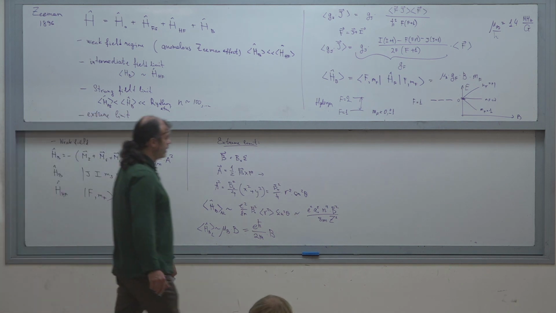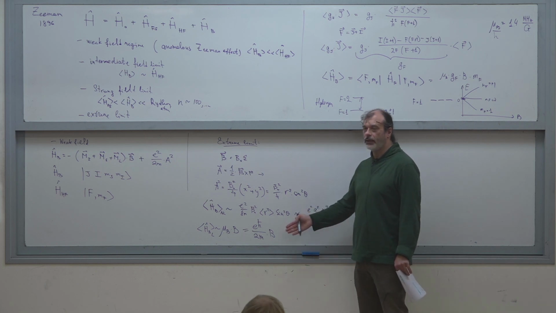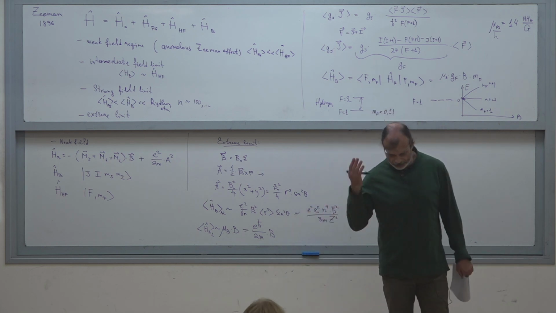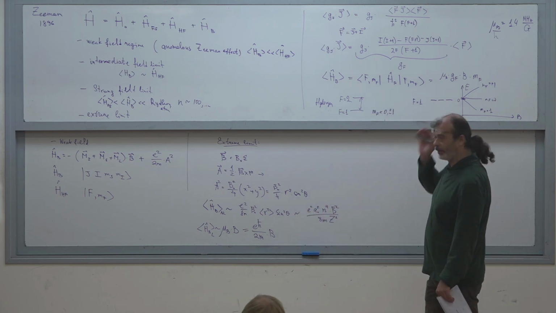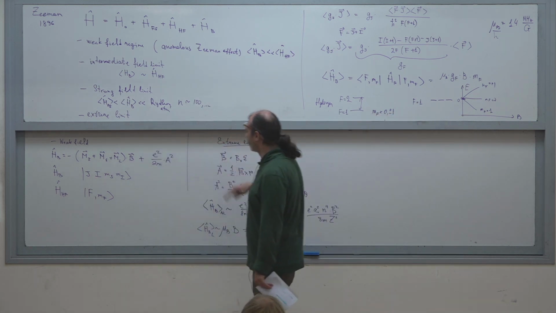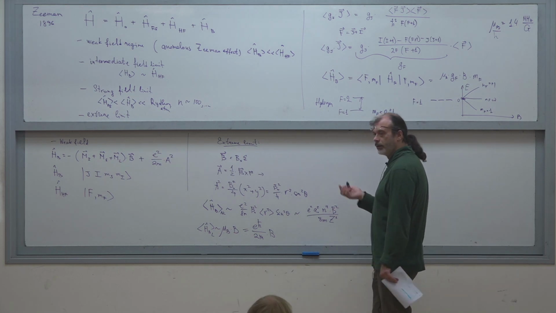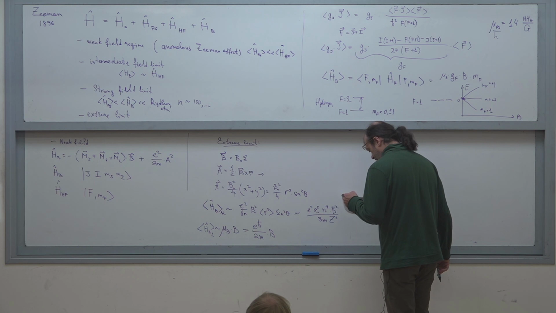The question is, what is the ratio between these two values? Once this is equal to that, we can say that we are in the regime of a strong field limit, so we can find the value of B where the extreme limit is relevant.